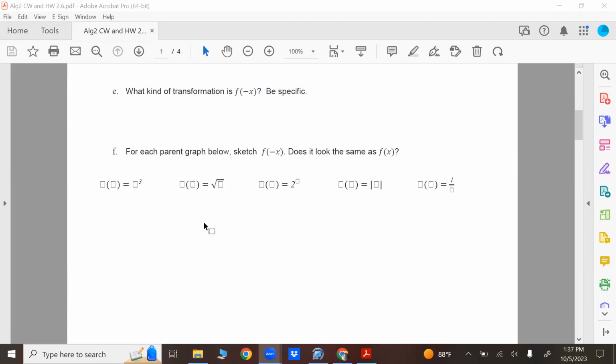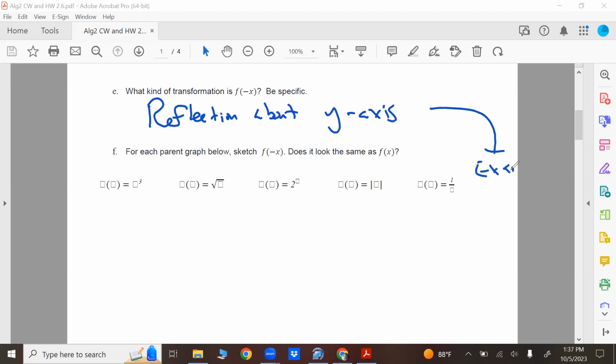Okay, when you have negative x on the inside, that's going to be a reflection about the y-axis. Let me give you a good example. Actually, the examples are down below.